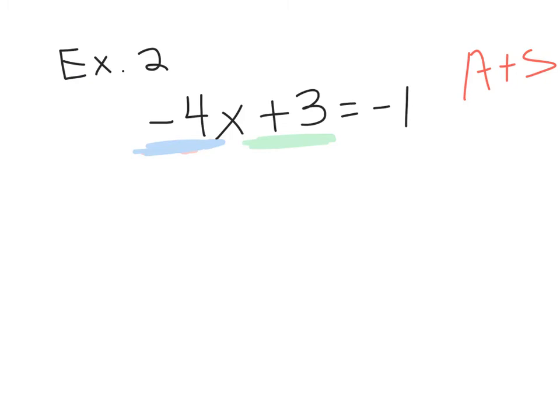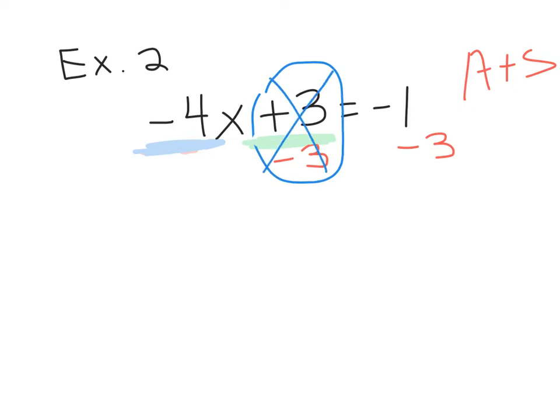That means that I have to take care of this part first. I can't have that +3, so I do the opposite of +3, which is -3. And I have to do that on both sides of the equal sign. Now, +3 minus 3 is equal to, I should erase this here, I don't want you to think that I'm dividing. +3 minus 3 makes 0, so we can cross that off.